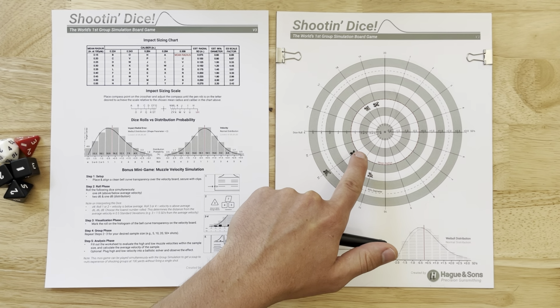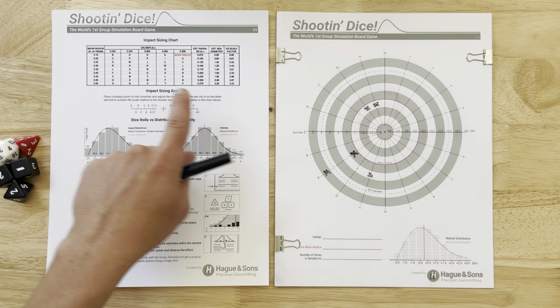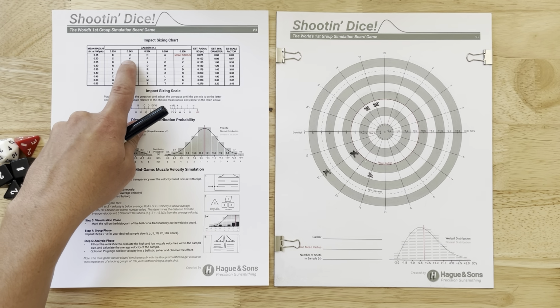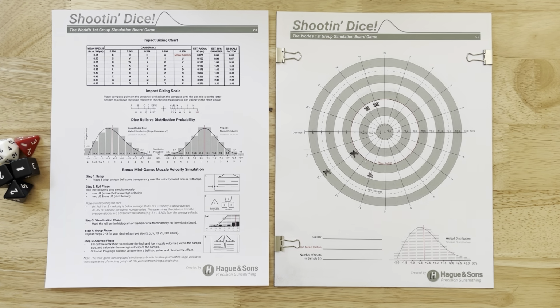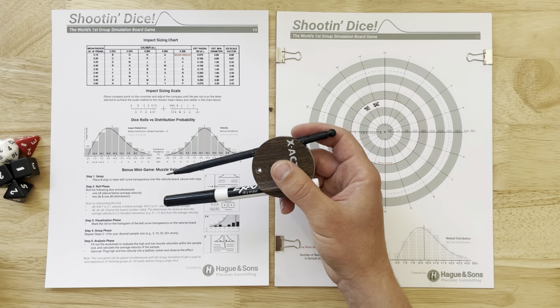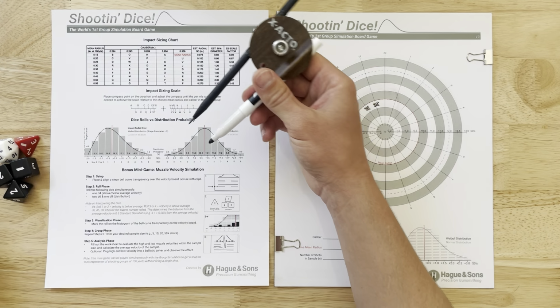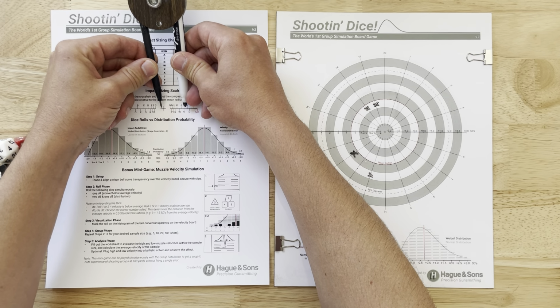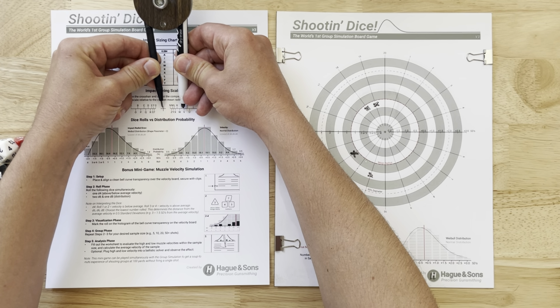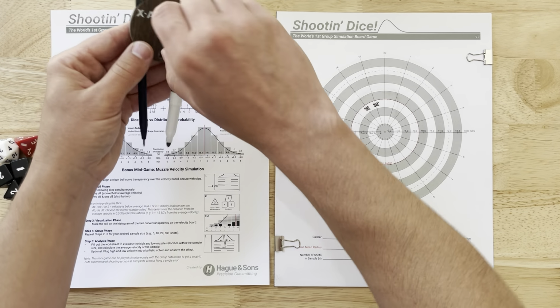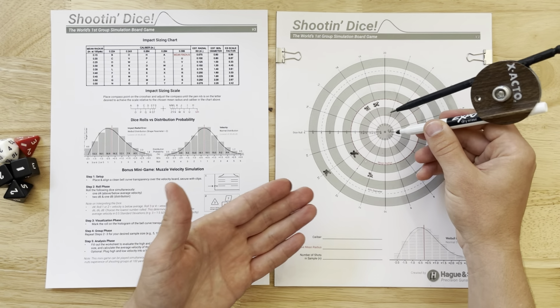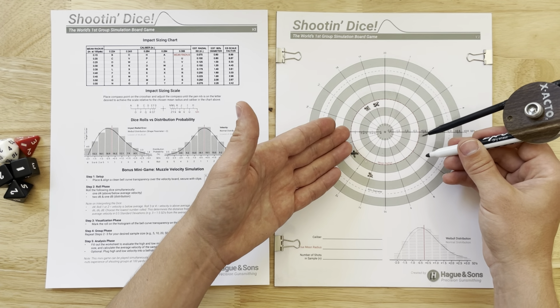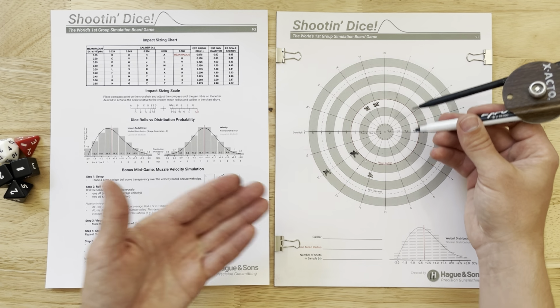So if we're going to simulate groups from that rifle in this game, we will be using the radius designator V. So if we go to this impact sizing scale and we take a compass and place the point of the compass on the crosshair and the nib of the marker on the letter designator V, then now we have this compass set up to make impacts that are scaled to a 0.2 inch mean radius and a 6mm bullet.